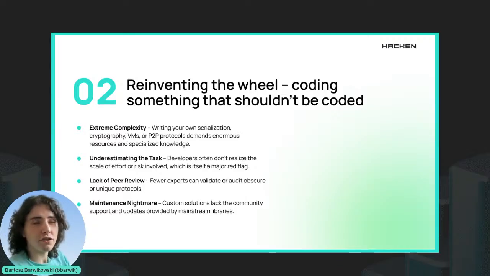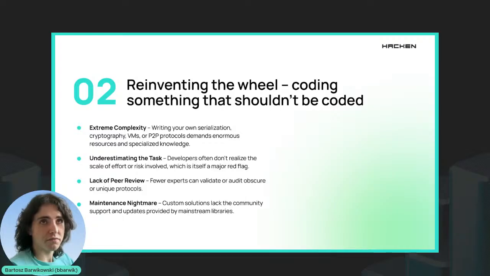If you don't have a 10 or 100 million dollar budget for development, you never touch such parts. You never do complex features like cryptography or virtual machines or peer-to-peer protocols by yourself. You just don't do it.